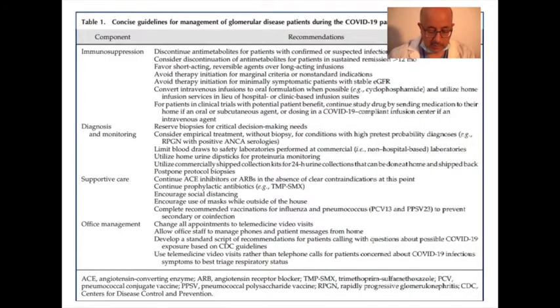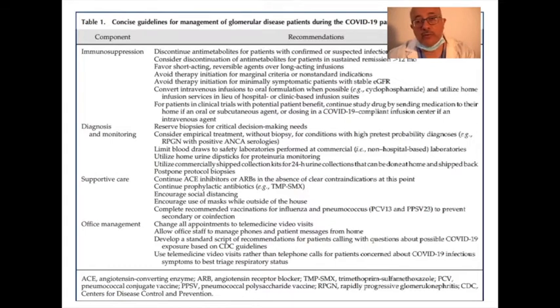They suggested to discontinue all antimetabolites in a patient with confirmed or suspected COVID-19 infection. They also recommended to use short-acting infusions and to avoid starting therapy for patients with marginal symptoms and stable eGFR, or not to start treatment for patients with non-standard indications.